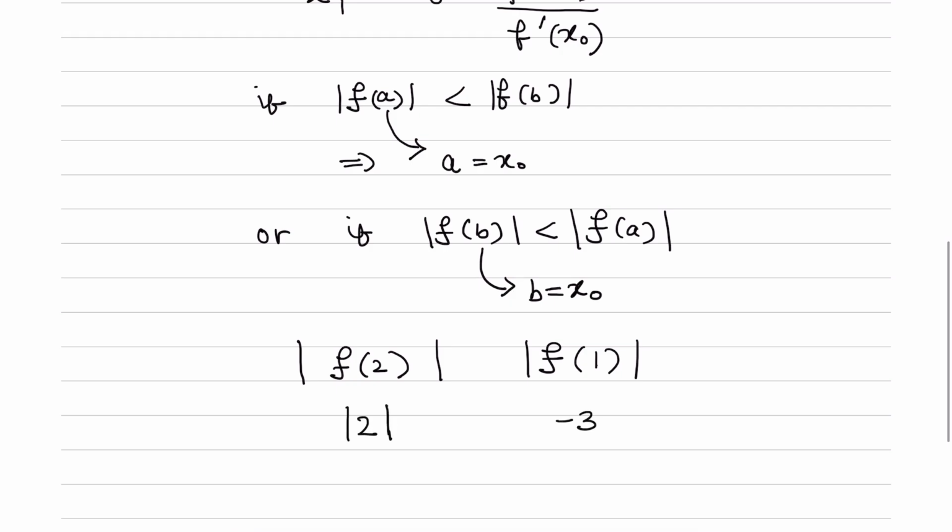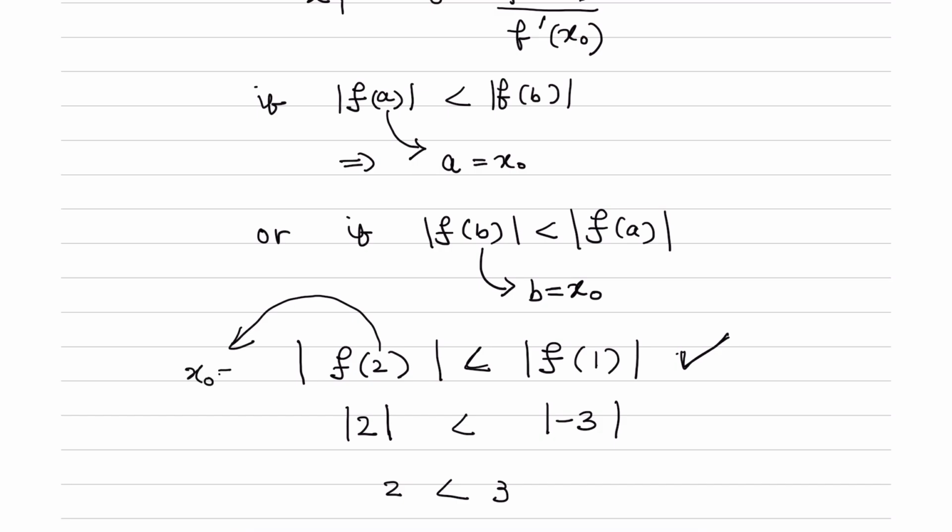But when we take the absolute, we have 2, which is less than the absolute of -3, which is 3. So now look at this inequality. The absolute of f of 2 is less than the absolute of f of 1. So we are going to call this 2 as x naught.